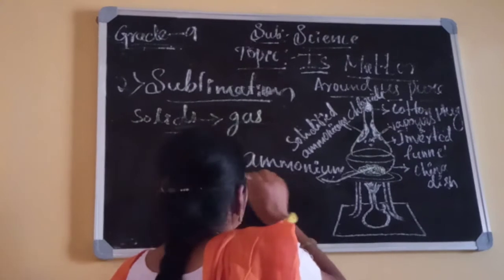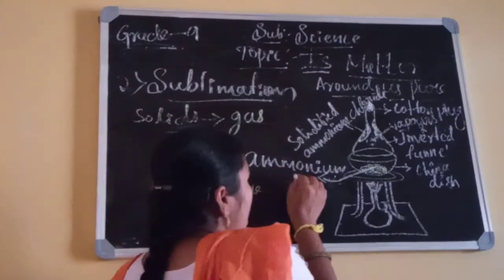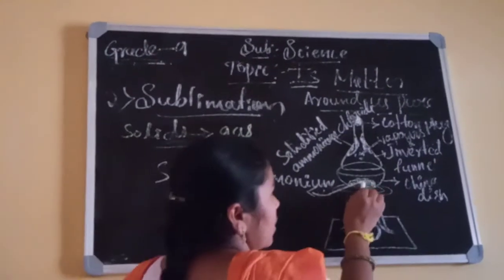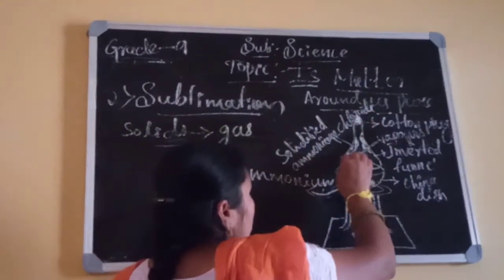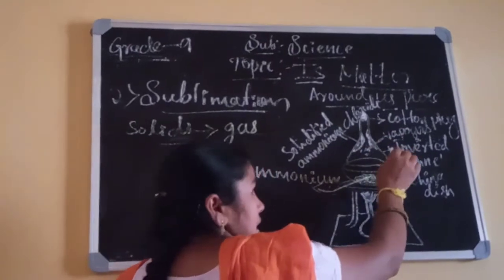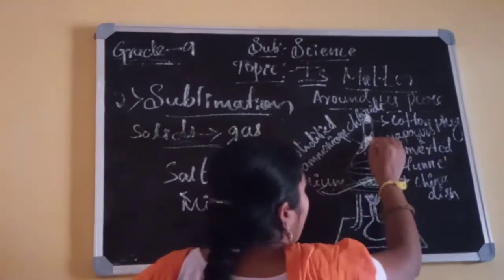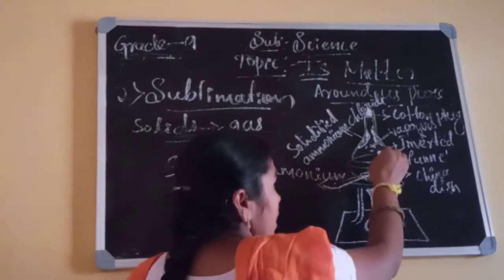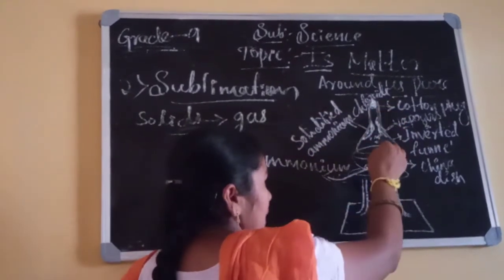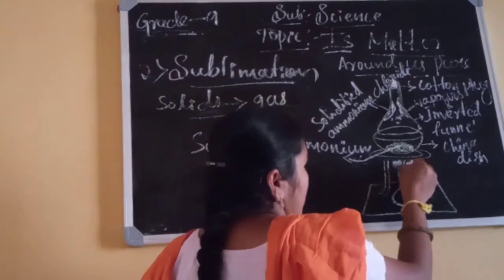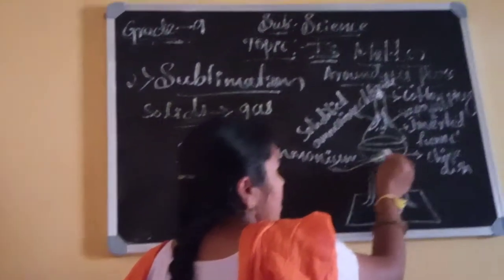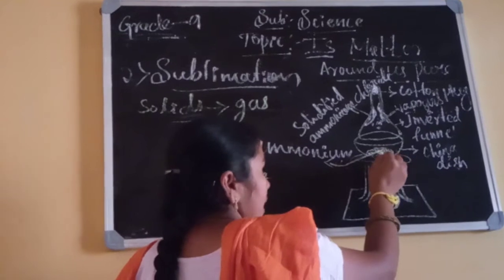We take the mixture of salt and ammonium chloride into that china dish, then put the funnel inverted like this, and now heat that china dish.